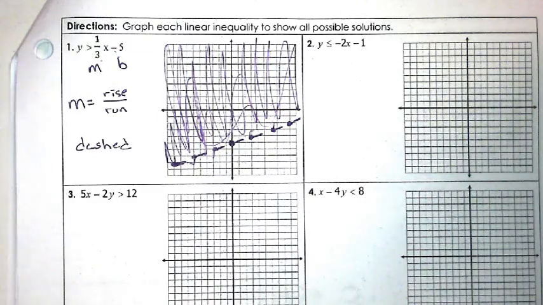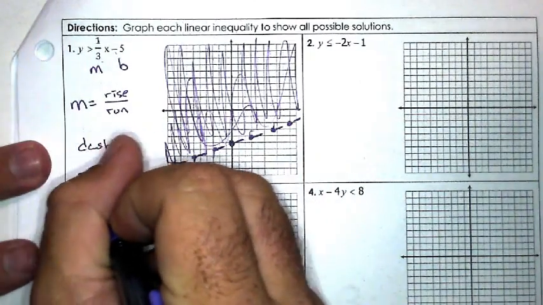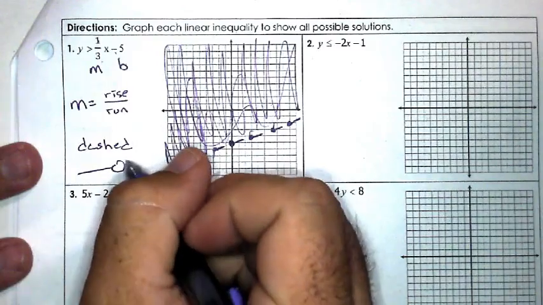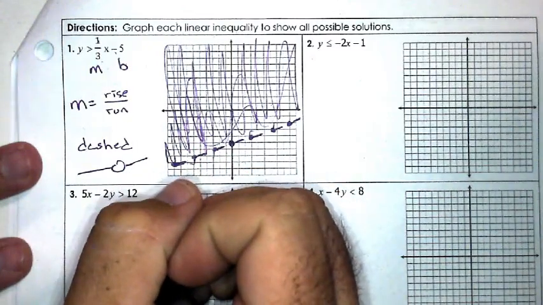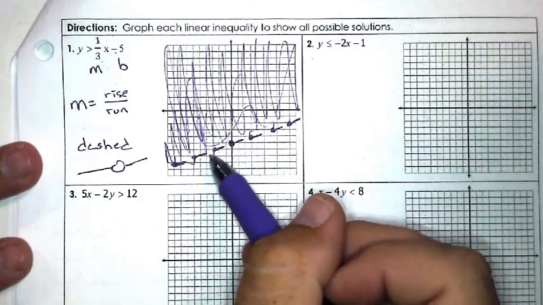Okay, so non-inclusive means I have a hole, right? Remember when we used to graph it, non-inclusive meant I have my number line, but there's a hole right there. Same thing. Dash line, I have a hole here. There's a hole, hole, hole, hole, hole. I have spaces.